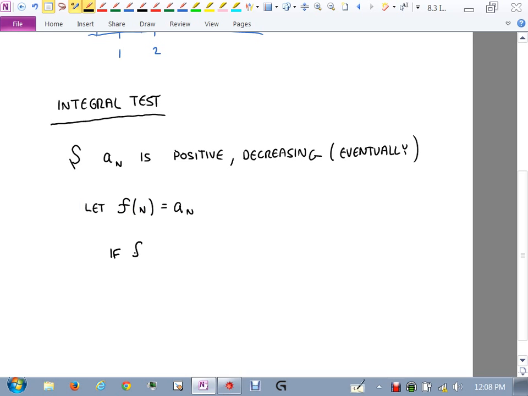If f is continuous on the interval 1 to infinity, that means the function is defined and it goes forever to the right, and it's drawn without picking up your pencil.